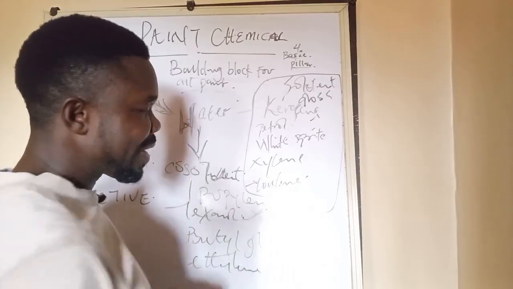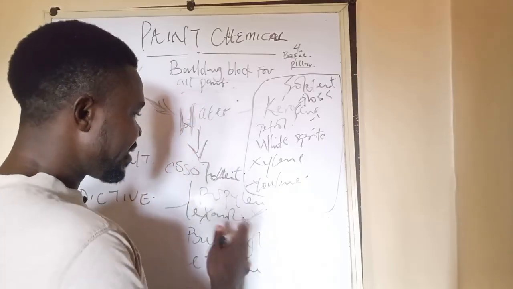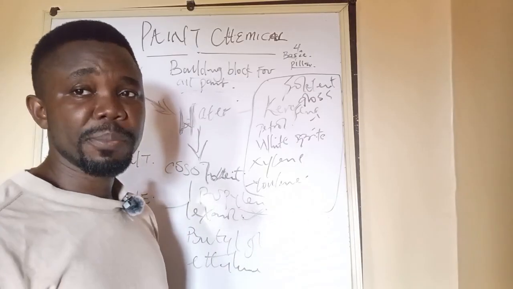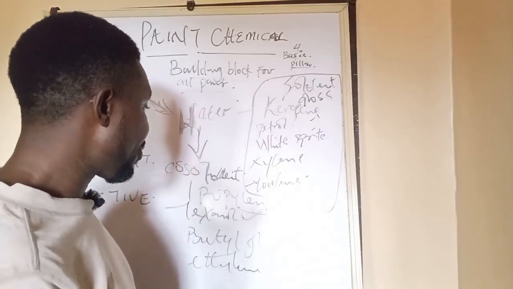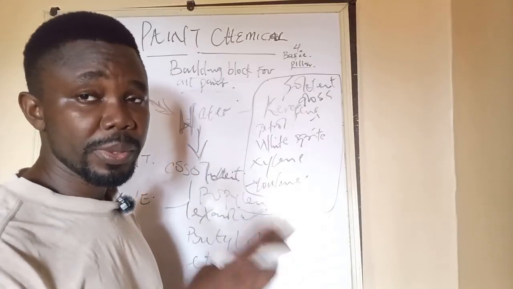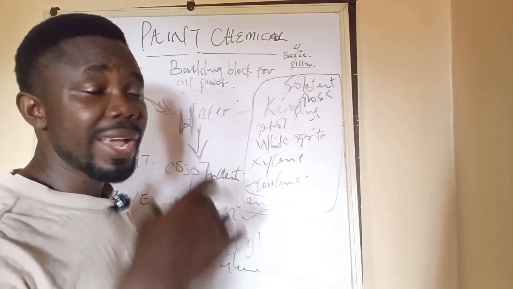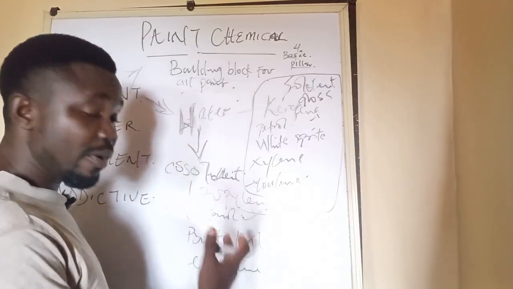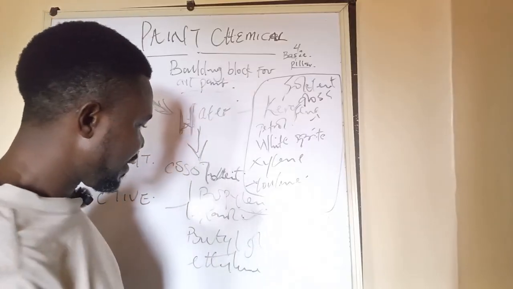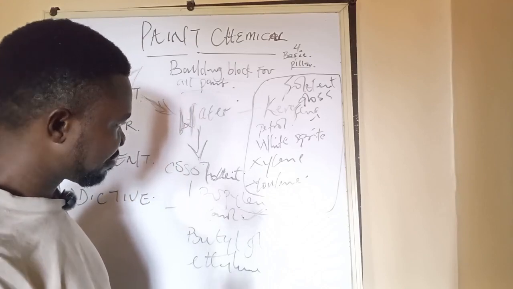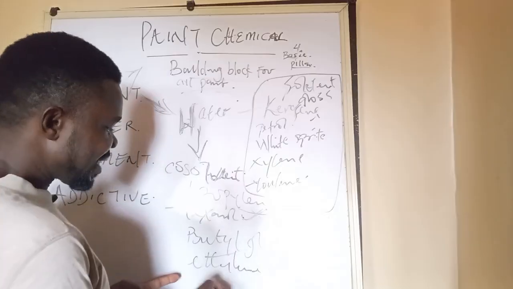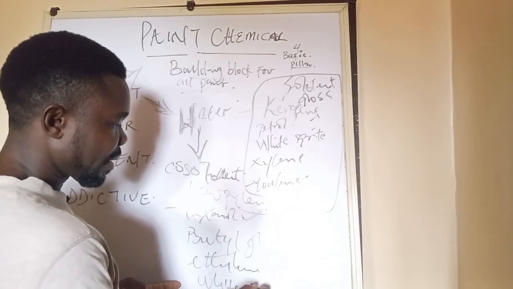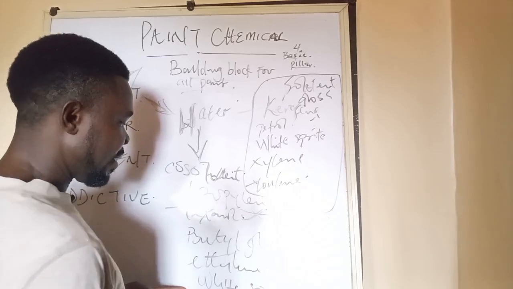But when the paint is applied, they start escaping or leaving the surface and allow the paint to do its primary assignment, which is one, beautification or decoration, and two, protection. So those are some of the examples of co-solvents that we have. Which other one? White spirit also falls under this, and ethanol.